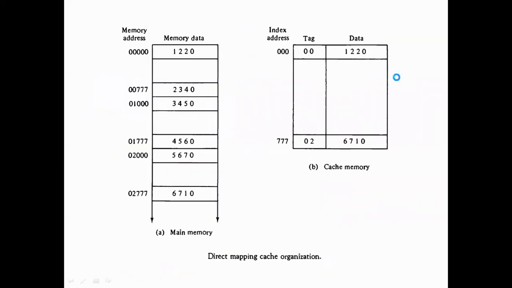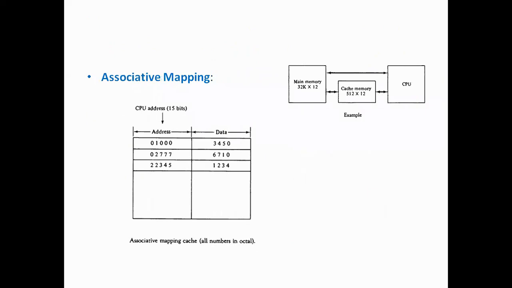If we again have a look at this associative mapping cache, we can see the structure was like this, and there is a disadvantage of this, which you can clearly see here, that for storing one word of data, you need to store a full address with that. For example, in this example, we have a 12-bit data.